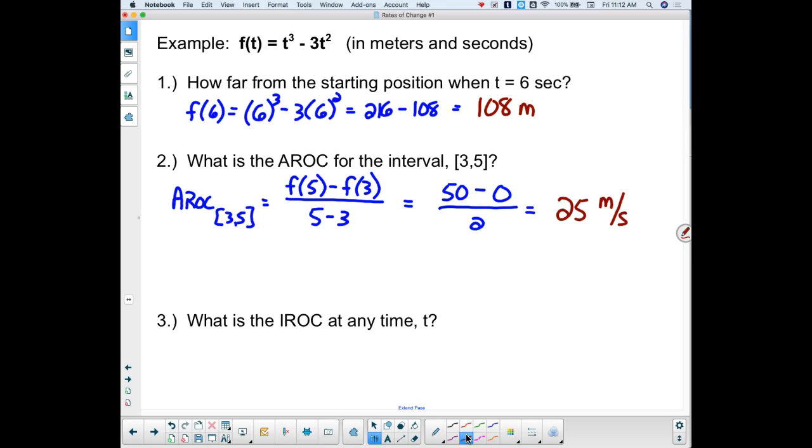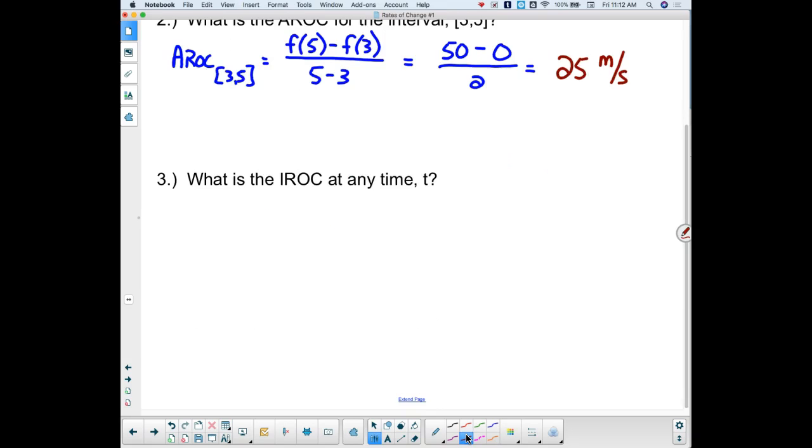All right, now the big one. So my IROC, or f prime of t, my first derivative, is going to be the limit as h approaches 0 of f of t plus h minus f of t divided by h.